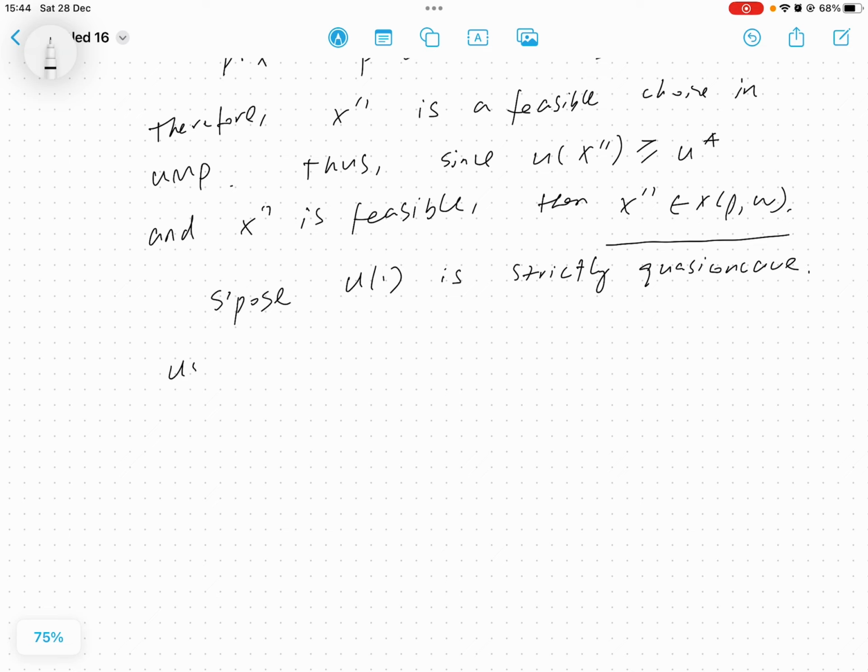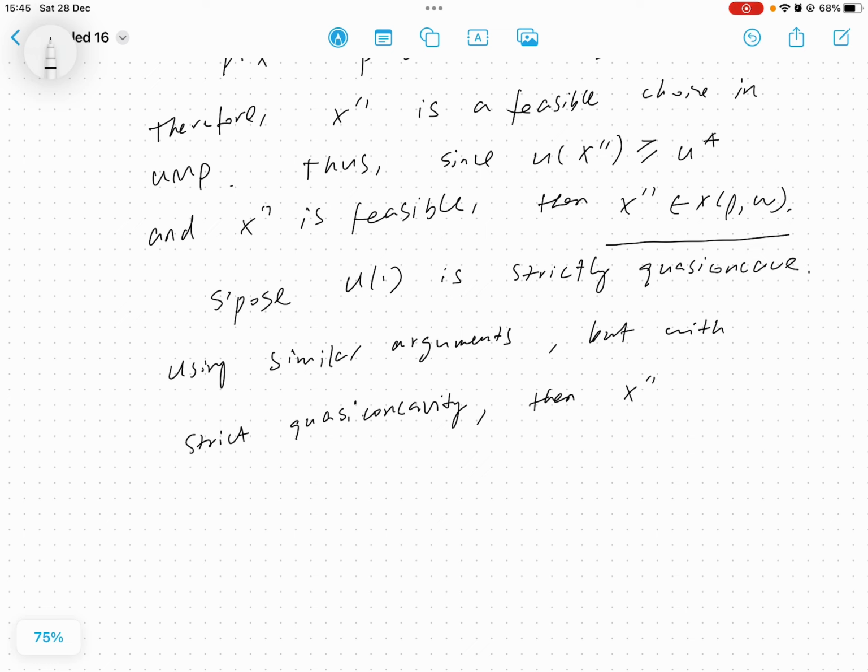Using similar arguments, but with strict quasi-concavity, we can show that x double prime is a feasible choice, and the utility of x double prime is strictly greater than u star for all alpha.